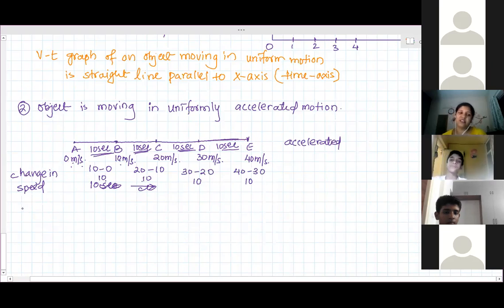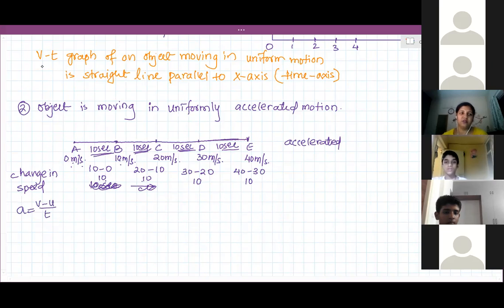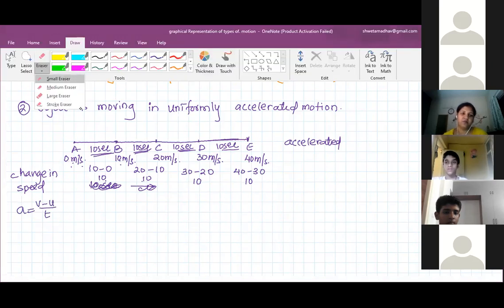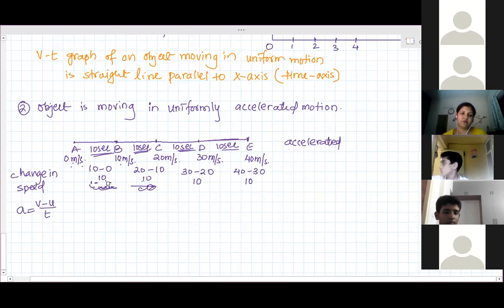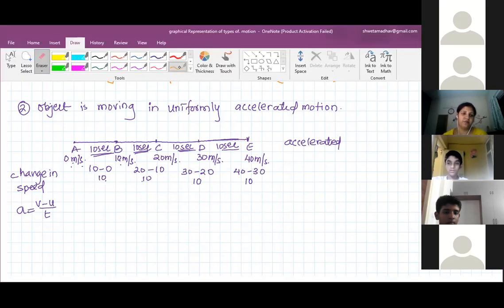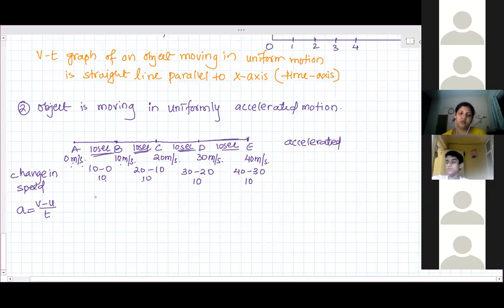And due to that, what is acceleration? a is equal to (v minus u) by t. So v minus u is 10, and time is 10.